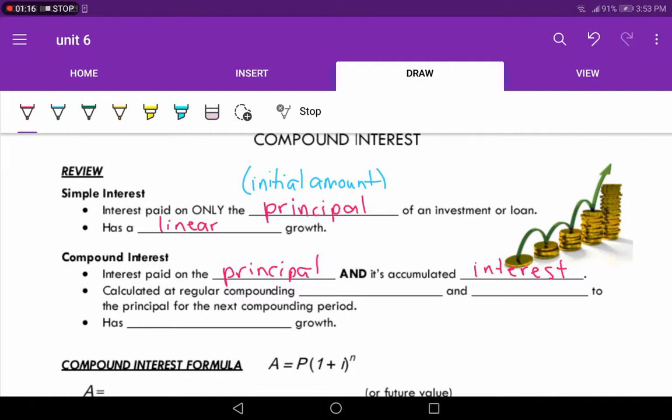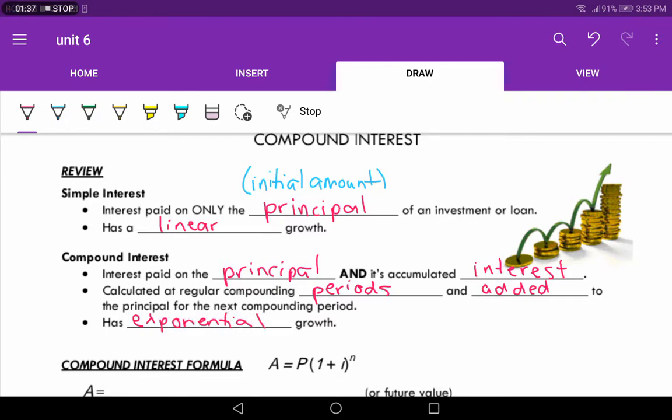Calculated at regular compounding periods and added to the principal for the next compounding period. Okay, and this type of interest compound has exponential growth.